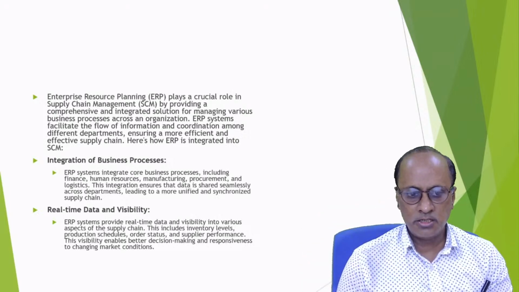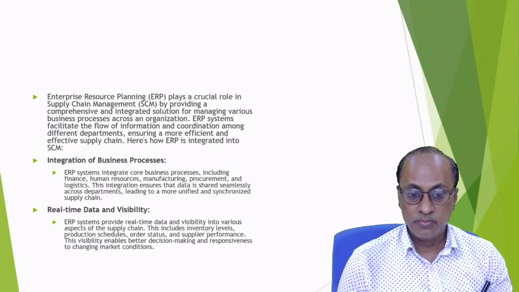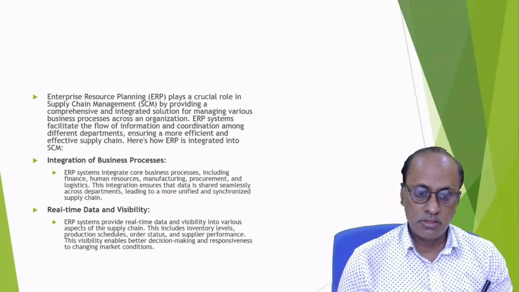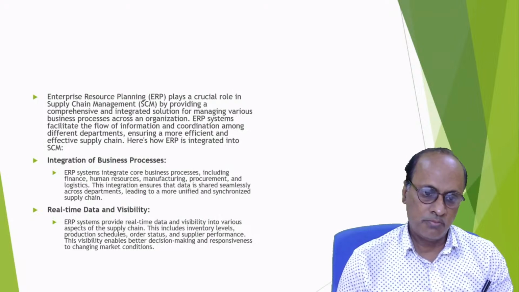Every organization has certain core business processes, as I told, finance, human resources, manufacturing. And we require the information to be shared across these departments for sound supply chain operations, and ERP makes it possible.